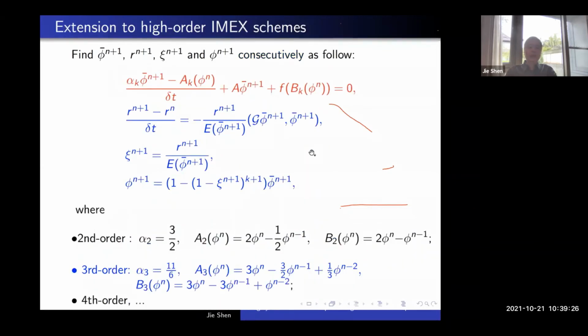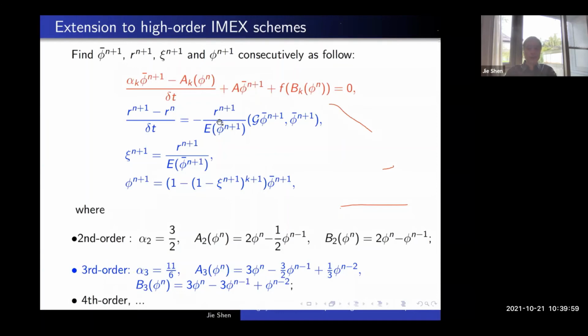We can do high order as well. So now let's use a kth order BDF implicit-explicit scheme. For the nonlinear term, I'm going to use a kth order extrapolation, and for the time derivative, I use BDFk. So I first solve phi bar, which is a prediction, by solving a semi-linear equation.